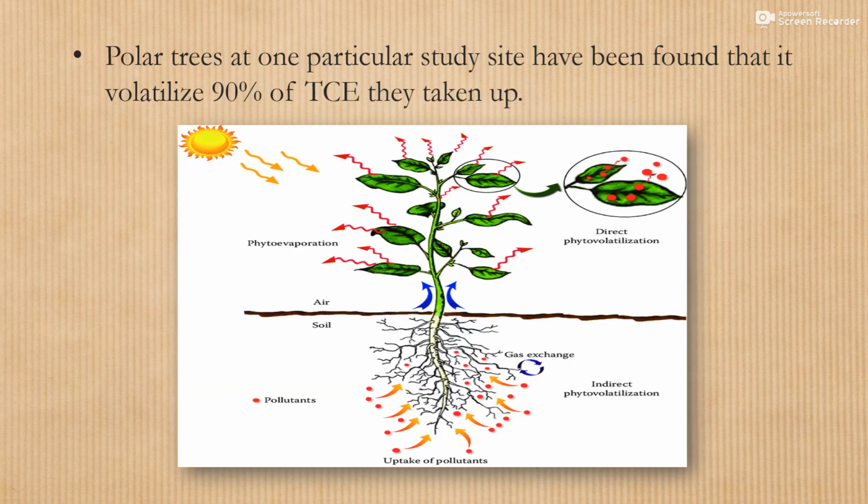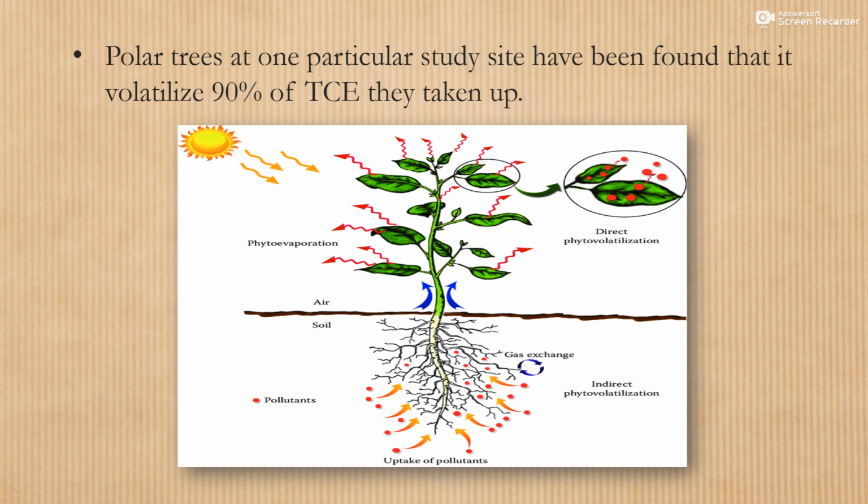For example, some poplar trees have been found in studies to volatilize 90 percent of the TCE they take up.